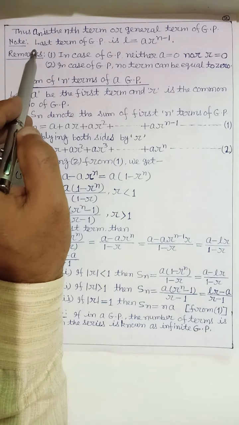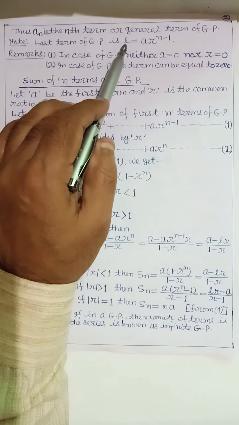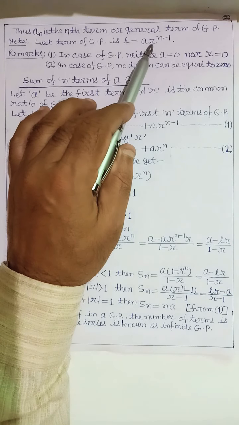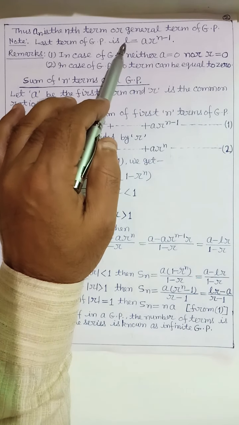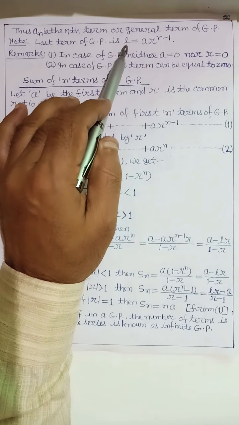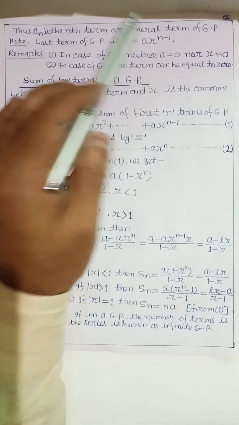Dear students, note that last term of GP is denoted by L, and this is equal to AR to the power n minus 1. Here last term, denoted by L, is also the nth term, and this is equal to AR to power n minus 1.